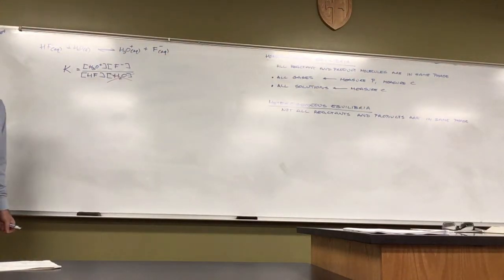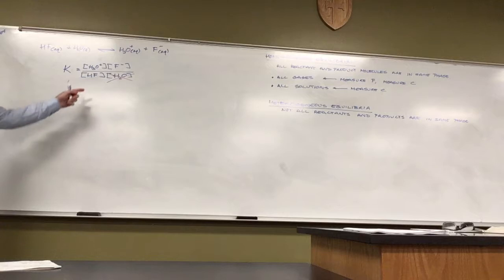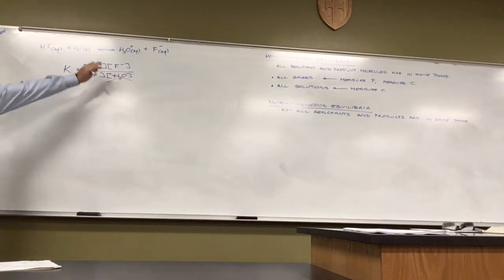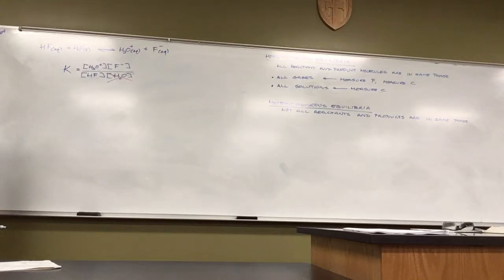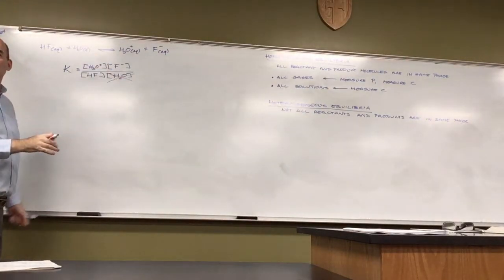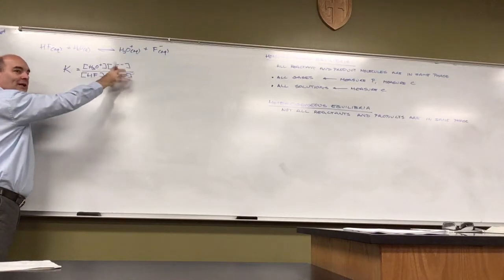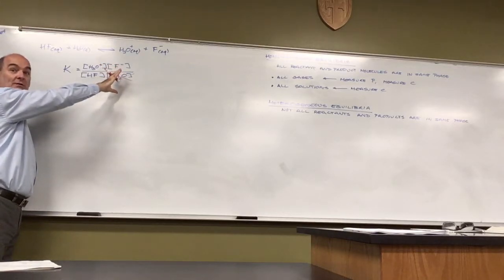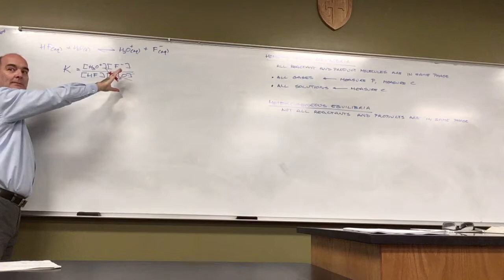And even though we may have done the problem the other day that says, what is the concentration of pure water? Doesn't fit here. Or one school of thought says it doesn't fit at all. The other school of thought says it is so massive at 55.5 molar that none of these piddly numbers are ever going to change it, and therefore it's constant and unchanging, and therefore we can ignore it.